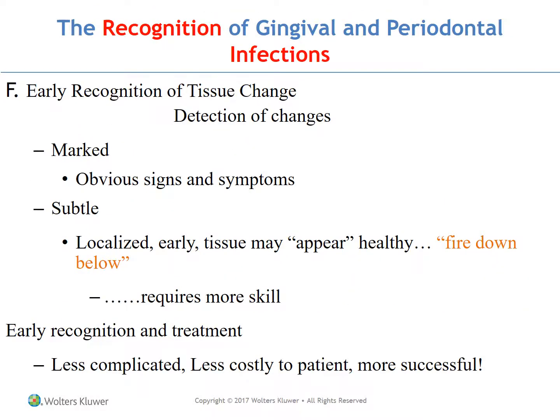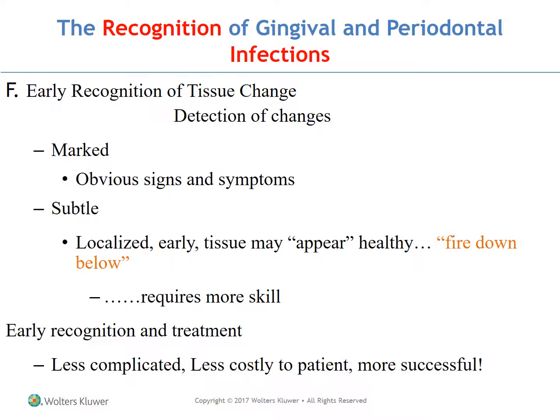The recognition of gingival and periodontal infections: early recognition of tissue changes, detection of changes. Marked is going to be obvious signs and symptoms. But then we have subtle, which is localized early. Tissue may appear healthy still, but there's a fire down below, okay?